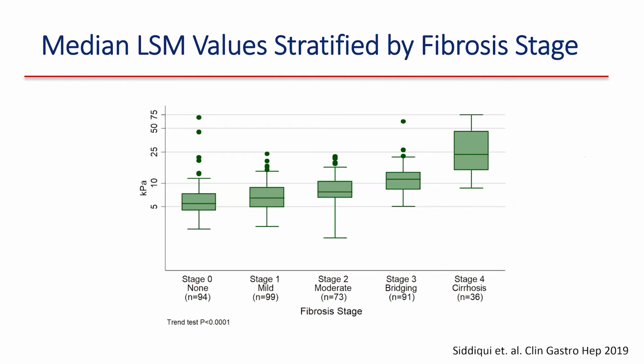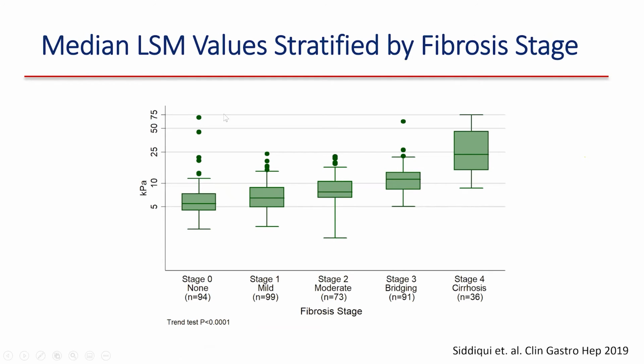This is the median liver stiffness values stratified according to fibrosis stage. The reason I'm showing you this rather than actual cutoffs is that if you look at stage 0, stage 1, stage 2, there's a significant overlap in these box plots.